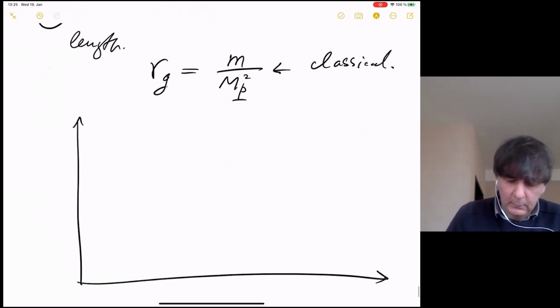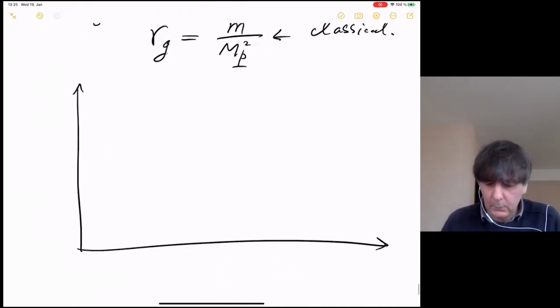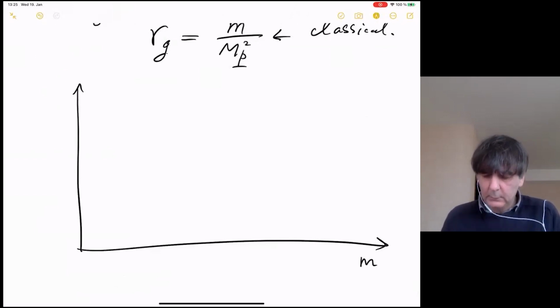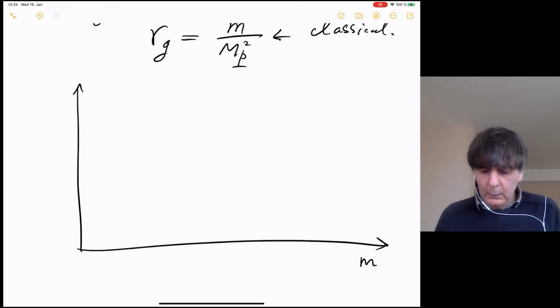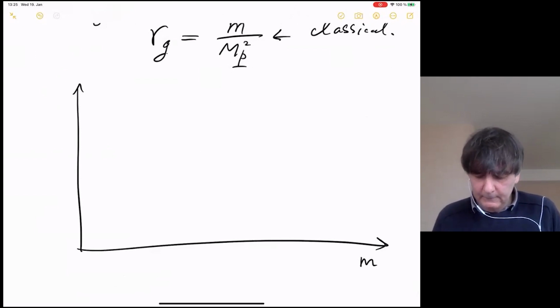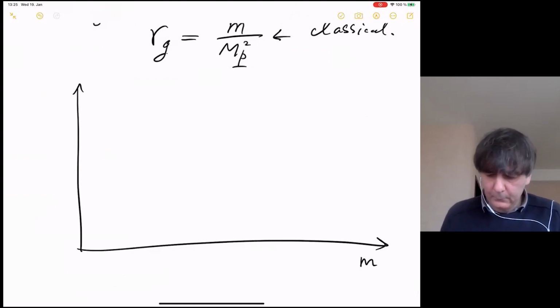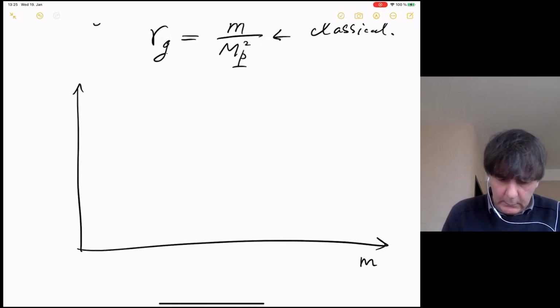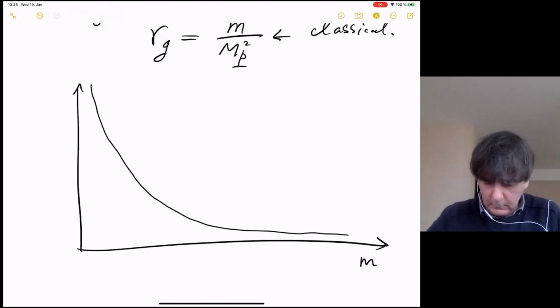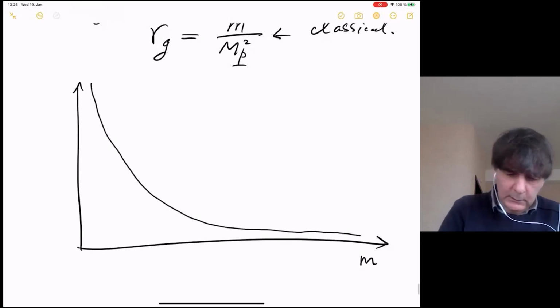Let's plot something here. Let's say here we have the mass of a particle. With increasing mass, the Compton wavelength decreases, right? So we can plot it like this. This is L Compton, which goes as 1/m.